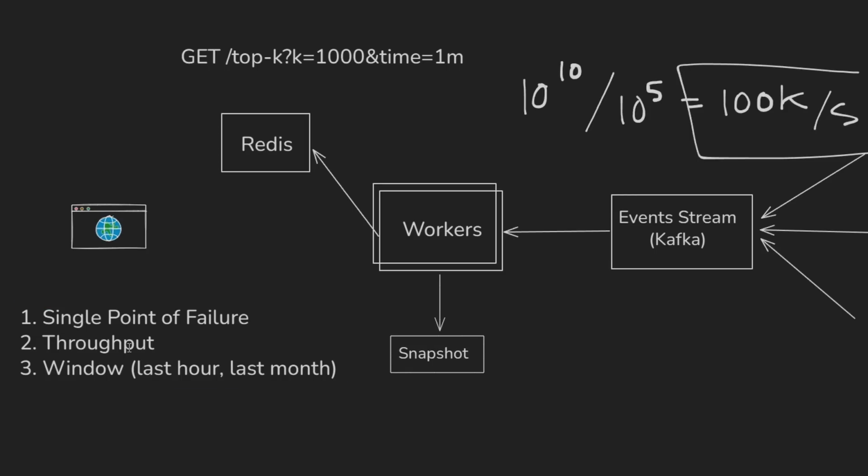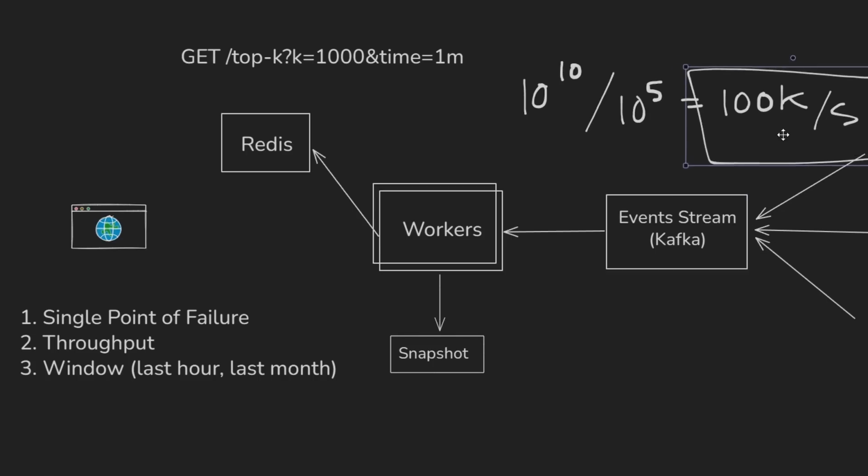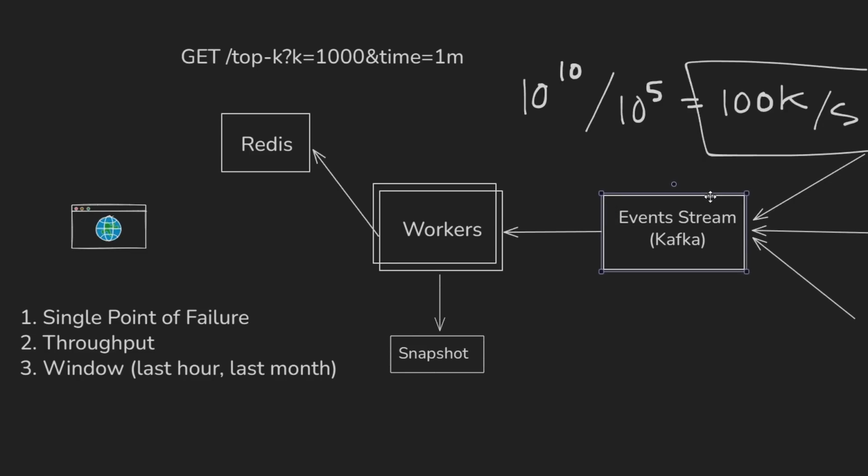Now, for throughput, the typical solution is to partition or shard our service. So with Kafka, we might actually be able to handle 100,000 requests per second, but this could have been a bigger number, or maybe our interviewer just wants us to go down the more interesting solution. So what we can do is partition our Kafka instance, and we should probably do that by the song ID.